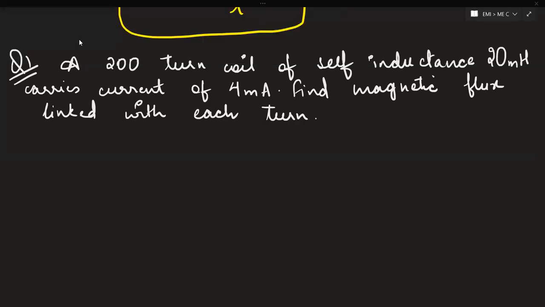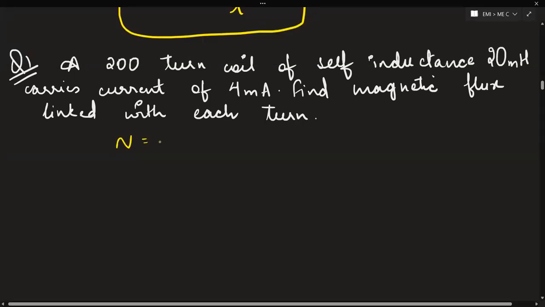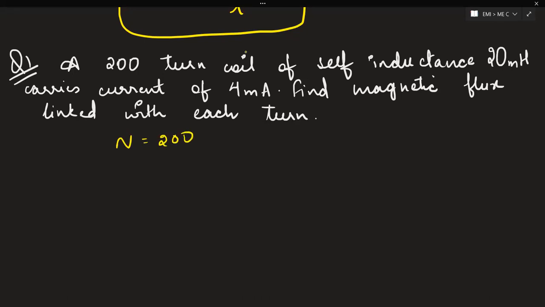See here, number of turns is what? N is given as 200. 4 into 10 to the power minus 7.